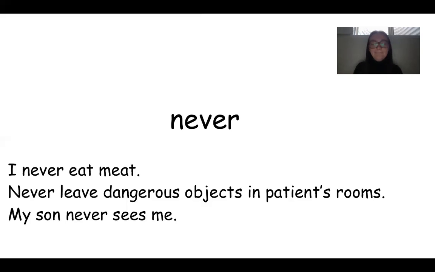So usually when somebody is talking about their life, like, oh, my son never visits me, I never get to buy new clothes, or I never get to do fun things, they're not literally saying never. But sometimes when we are given instructions, like when our boss or supervisor tells us to do something, or when we're reading something about how to do something, when they say never, it just means do not do it at all. You cannot do it. And that's all it means.